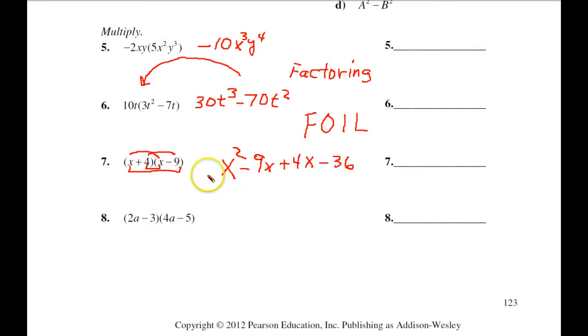Now, notice often when you do the FOIL, your two middle terms are like terms. So you're going to go from a four-termed polynomial to a three-termed polynomial because you're going to combine these. So your final answer here would be x squared minus 5x minus 36.